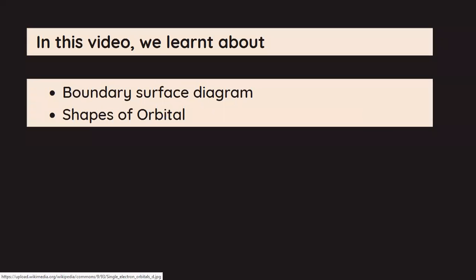So in this video, we learned about the boundary surface diagrams and the shapes of orbitals. s orbital is spherical, p has 2 lobes, d has variation in shapes. But you need to remember that despite the shapes being different from each other, the size of 2s will always be bigger than 1s, 4p will be bigger than 3p, which will be bigger than 2p, and 4d will be bigger than 3d.